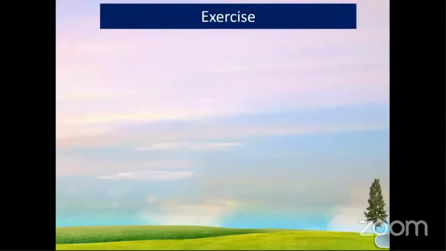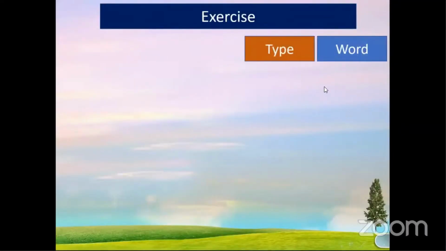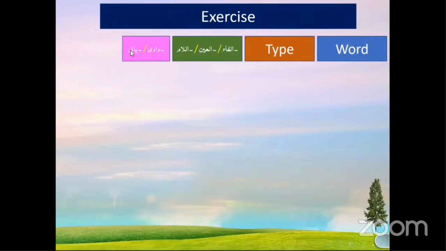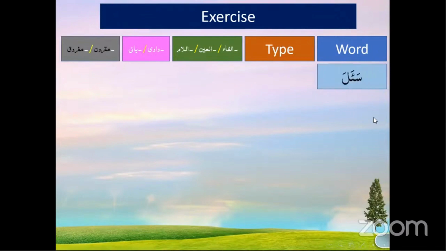Okay. So for that, I have created some examples for you. Here, I'm going to give the word, then the type, then fa, ain, lam, and then whether it is wawi or yai. I'll give you one example. The word is sa'ala, right? Now, how many root letters are here? Three. Do we see a hamza in the ain position?